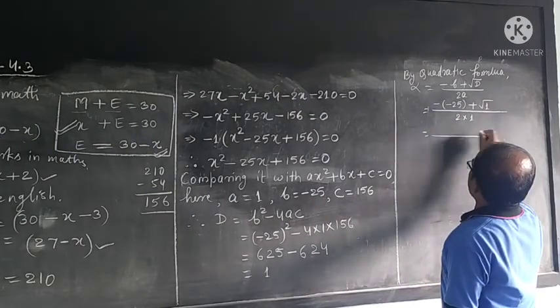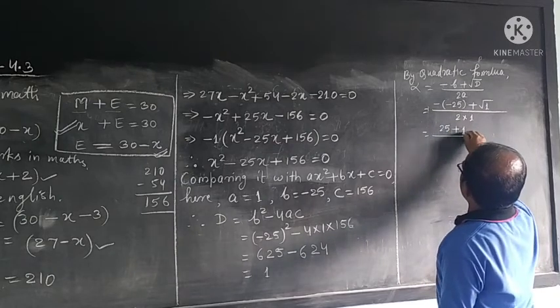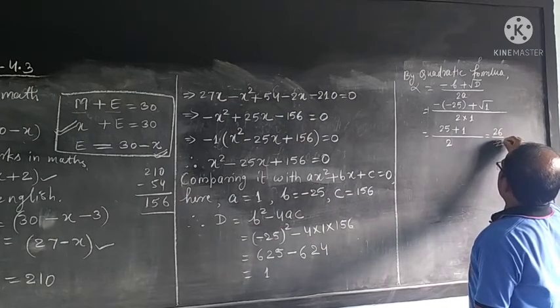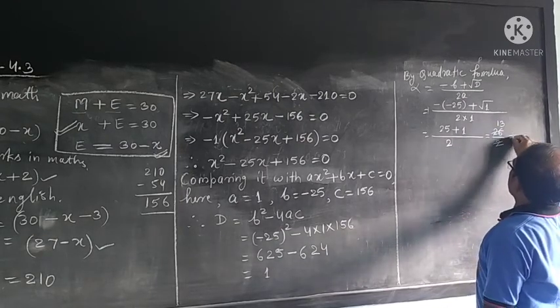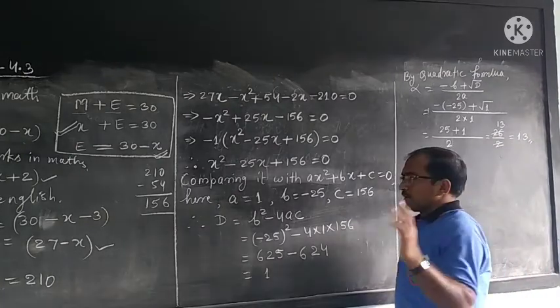So, what we are getting here? Minus minus plus, 25 plus 1 by 2, 26 by 2, 2 13s are 26. So, she has scored 13 marks in one subject. Later we will discuss this.